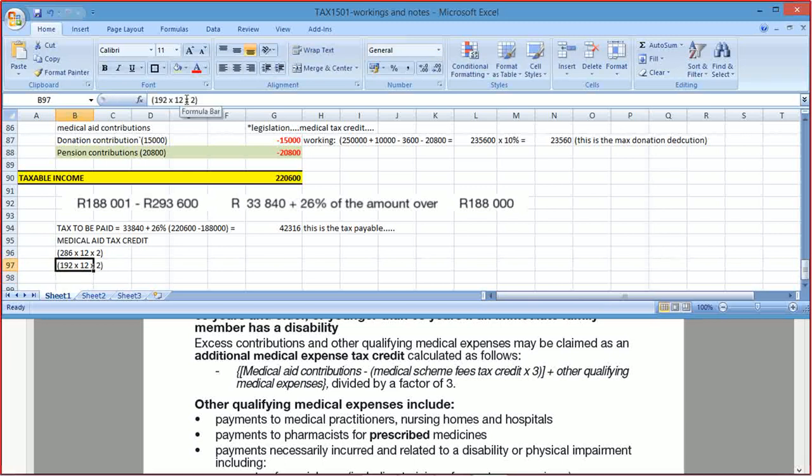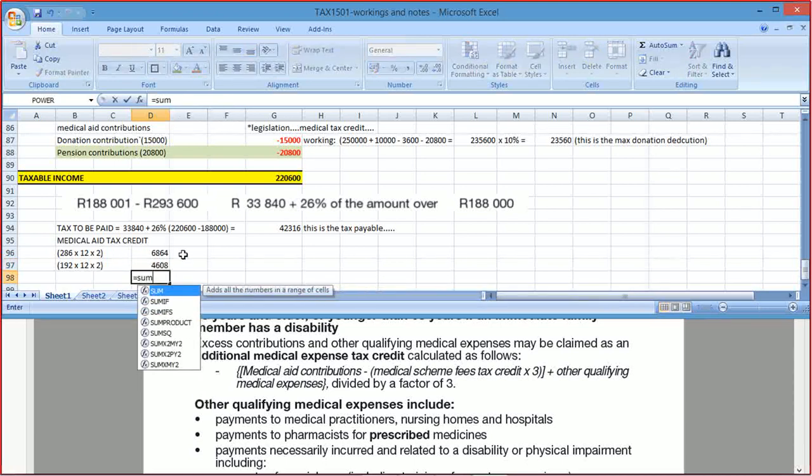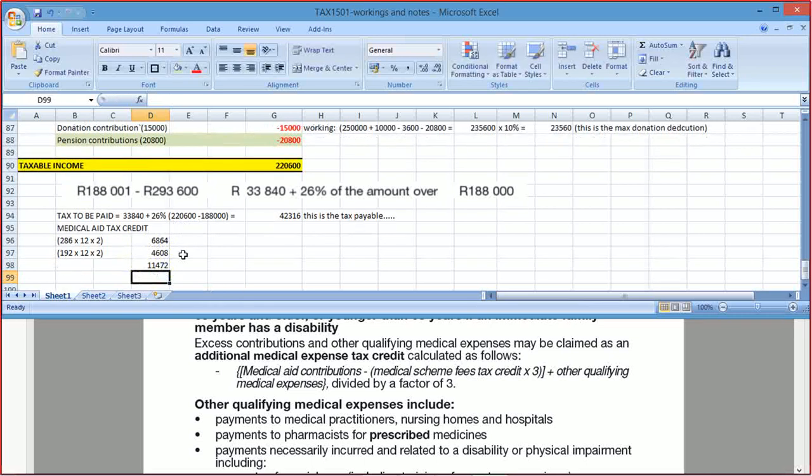Okay, so her medical aid tax credit is going to be how much? Let's check. 286 times 24 gives me that. 192 times 24 gives me that. Okay, if I sum up those 2 amounts, I get 11,472. Okay, what is that representing? Her medical tax credit, exactly.